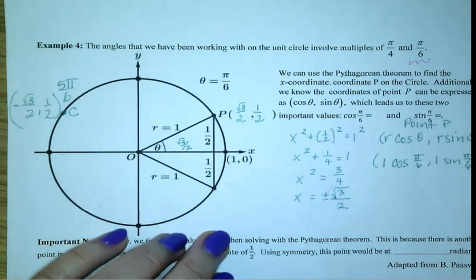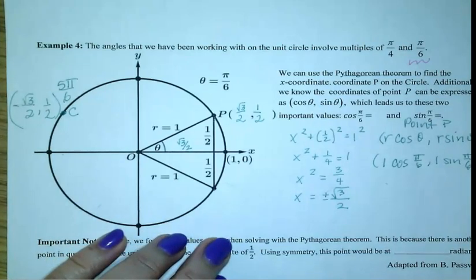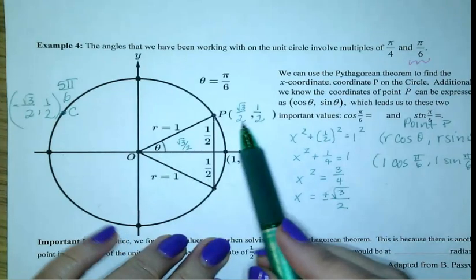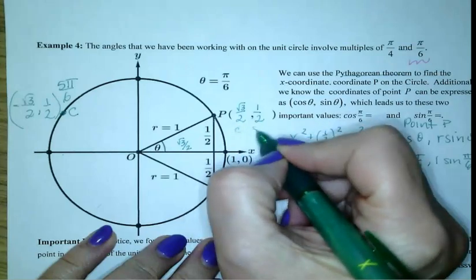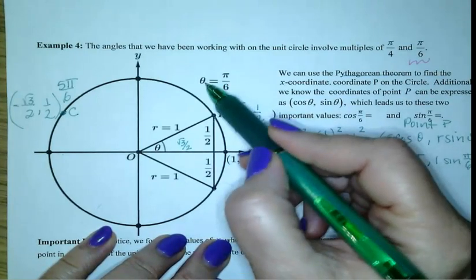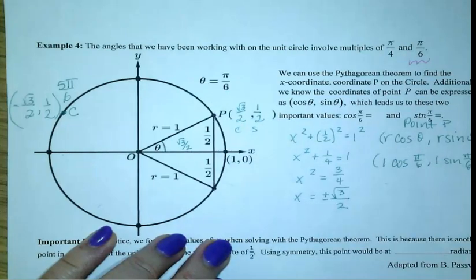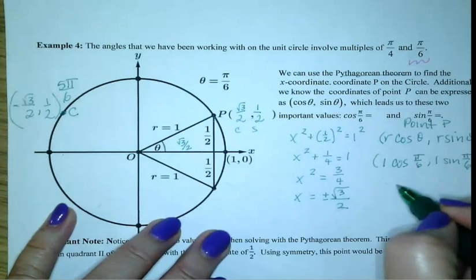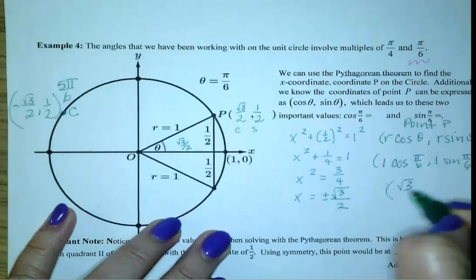And now I could actually come up with some of those values because, remember, we're looking here at cosine and sine. So cosine of the angle pi over 6, which is what P is. So cosine of pi over 6 is root 3 over 2. Root 3 over 2 times 1 makes this coordinate root 3 over 2.